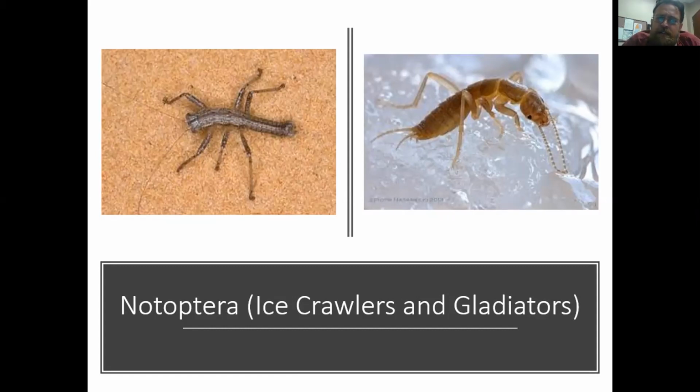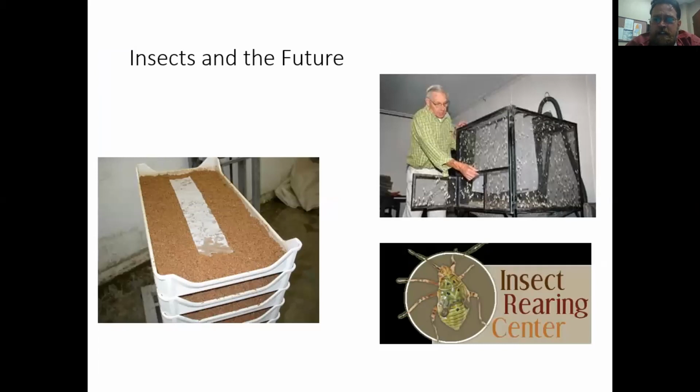But you also have the rock crawlers and what are fancifully called the gladiator insects. Gladiators are the most recently described group of insects. We have only known about them for about 18 years. So as long as we've lived with bugs, we are still discovering more and more of them. And I think there's certainly a lot more that we're going to be able to learn over time.